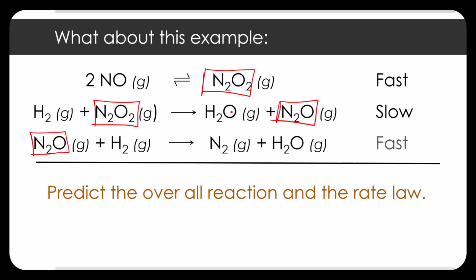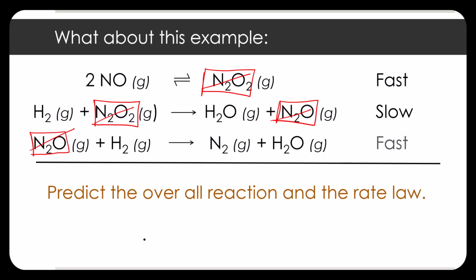Nothing else produced. Water is not consumed. All right, that's it. So those are our two intermediates. These will not be in the overall reaction. We also cannot find them in the rate law as well.